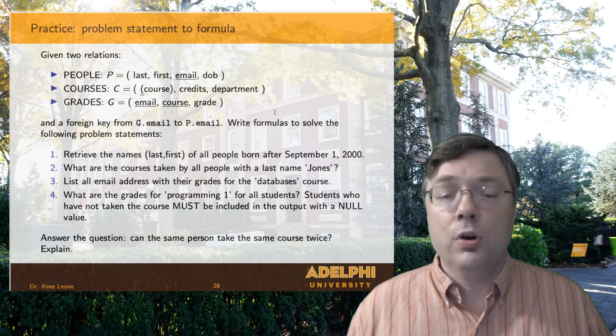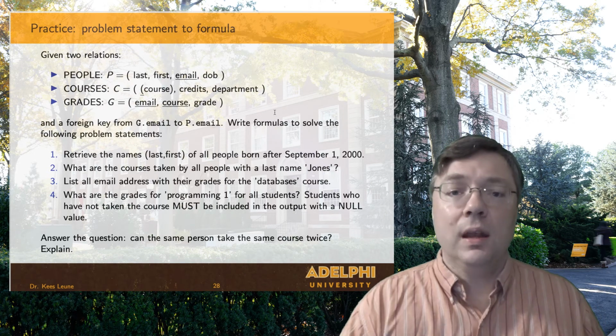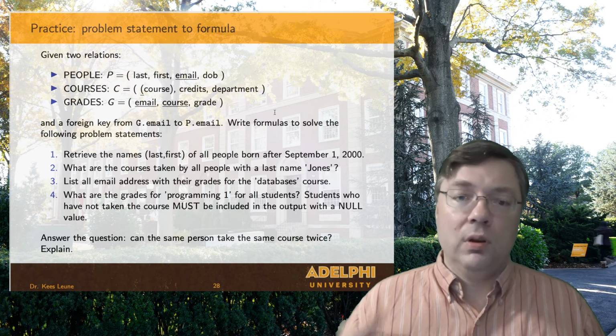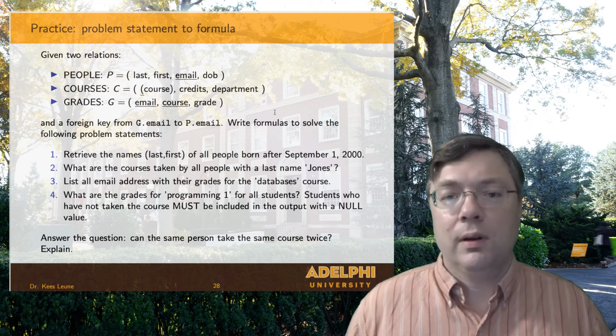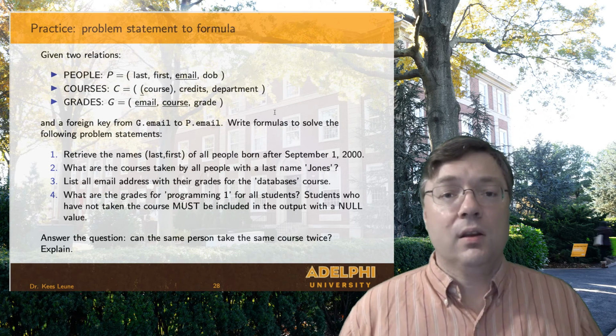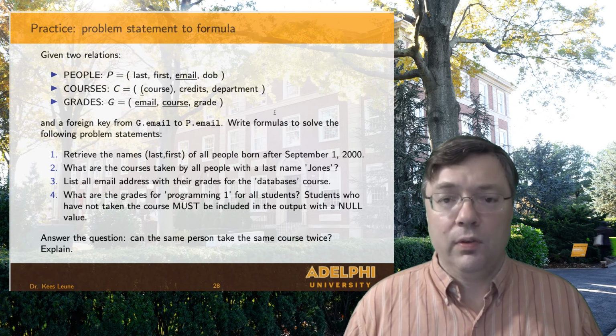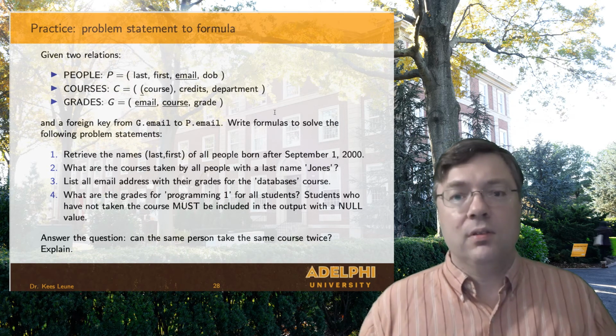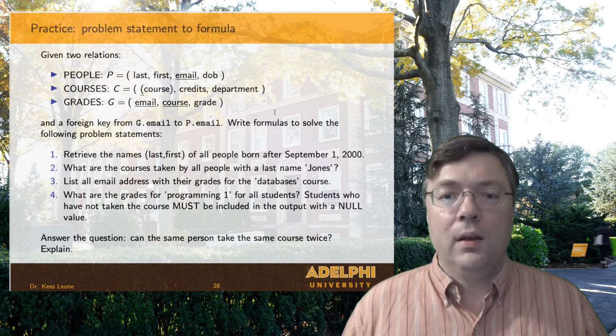A second grade would not fit because email would have been unique. Or if I had defined it on course, that means that only one student could have gotten a grade for this course ever. And there would be no way to post a second grade for that course for a different student. So choosing what your primary key is has a direct impact on what kind of data you can put in your database.